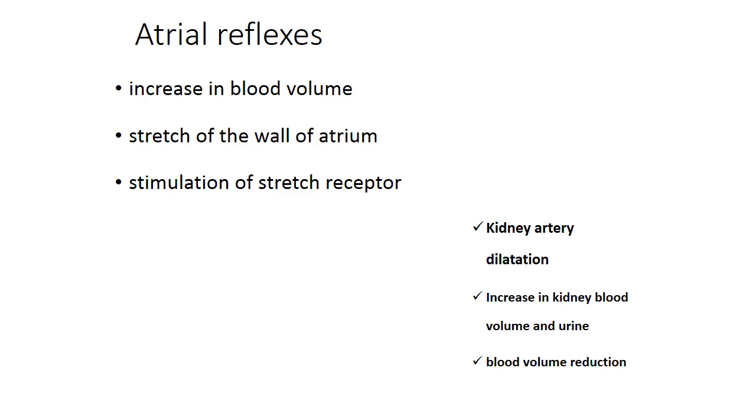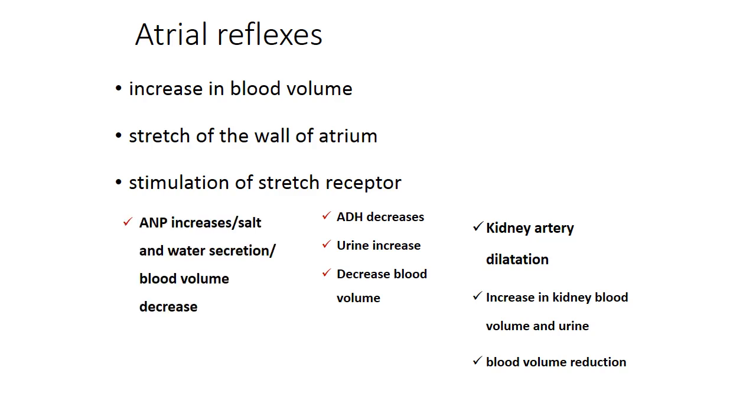By activating the atrial reflex, there is kidney artery dilation, increased kidney blood flow and urine, and blood volume reduction. ADH decreases, urine increases, blood volume decreases. ANP increases, salt and water secretion increases, and finally blood volume decreases. So by the atrial reflex we can decrease blood volume.